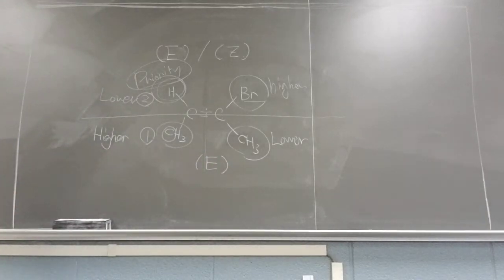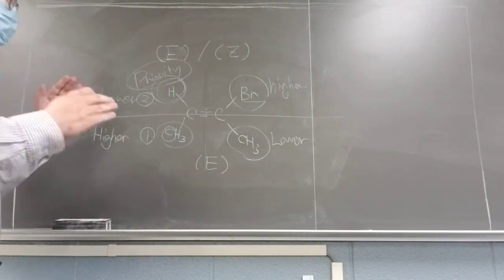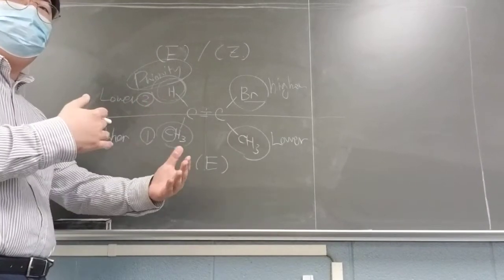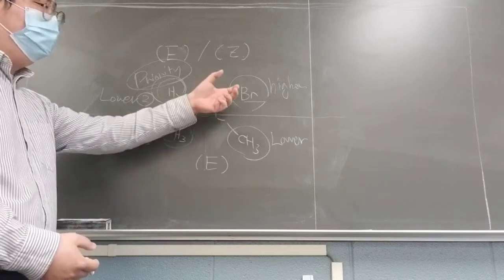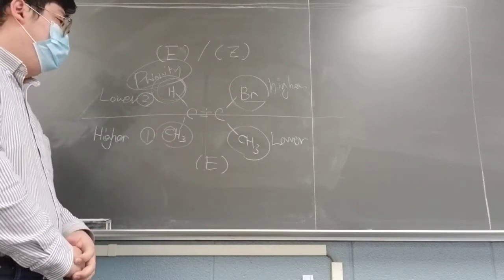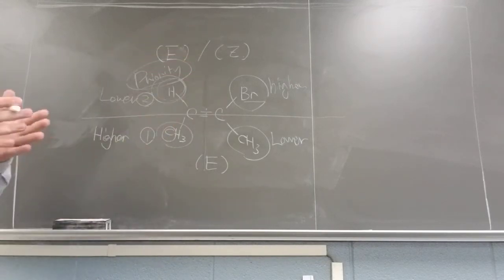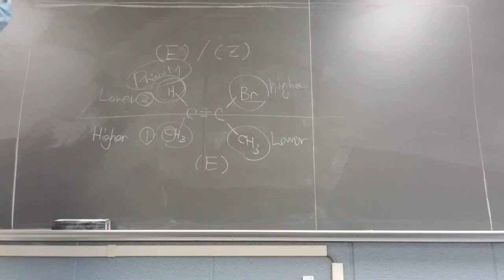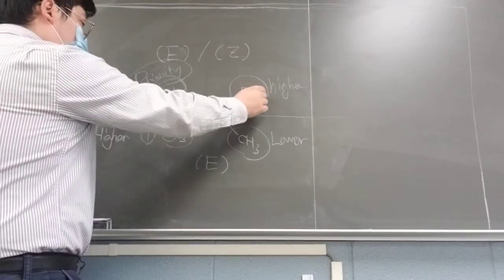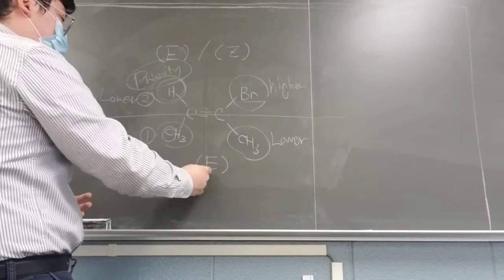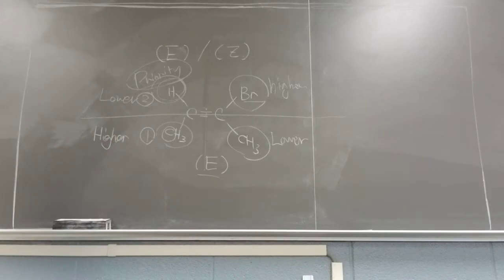If it's higher and lower on the same side, that's a cis-like configuration, but a bit more complicated because you have more than two substituent groups on this double bond. Then we use E and Z, which is a much broader concept to define this type of structure in alkenes. So higher, lower, opposite side, it's like a trans, but a bit more complicated. Then we just put it in E configuration.